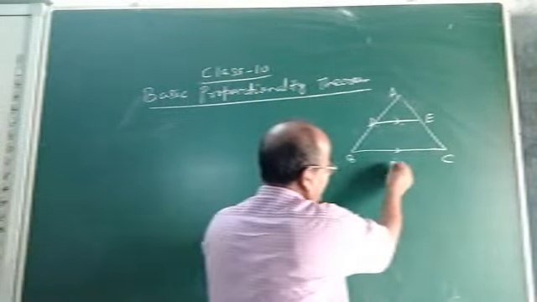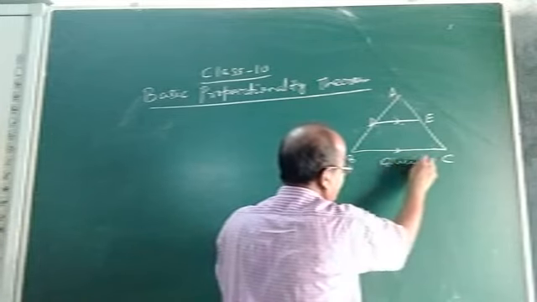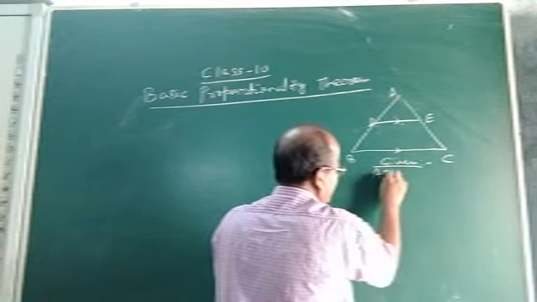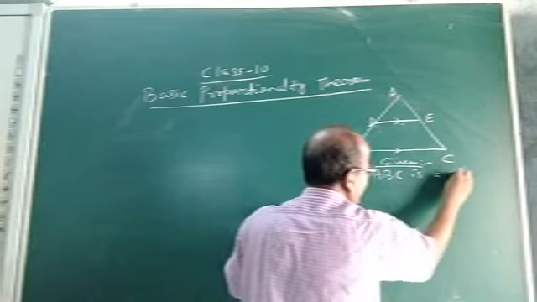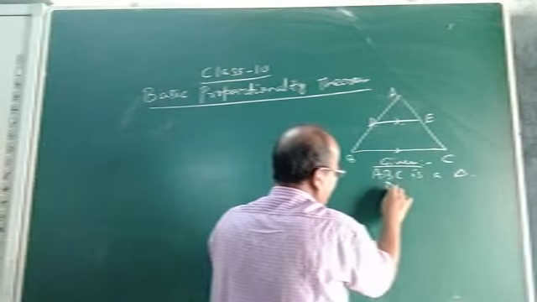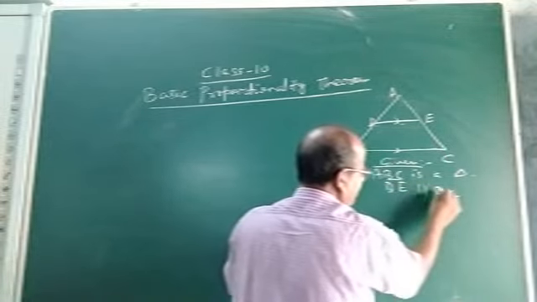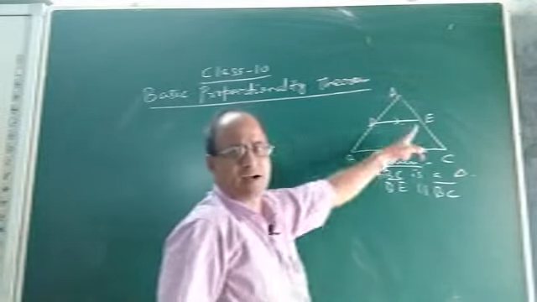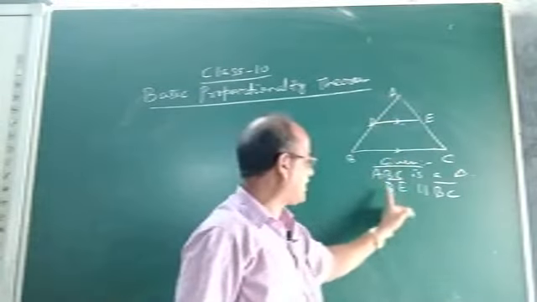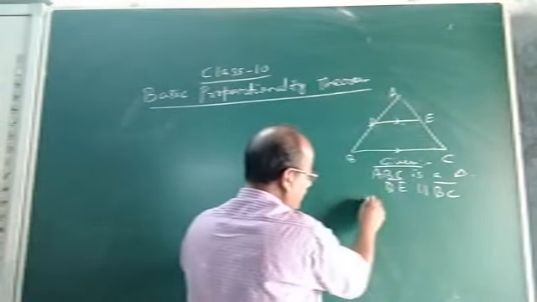So what is given here? Given is that ABC is a triangle, and DE is parallel to BC. D and E are points on AB and AC such that DE is parallel to BC. So what do we need to prove?